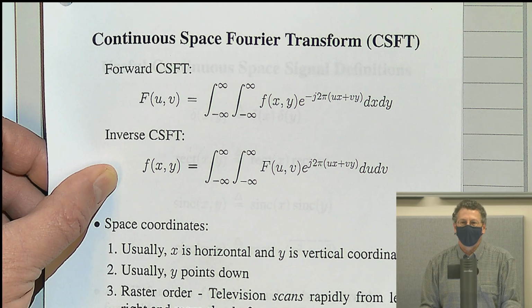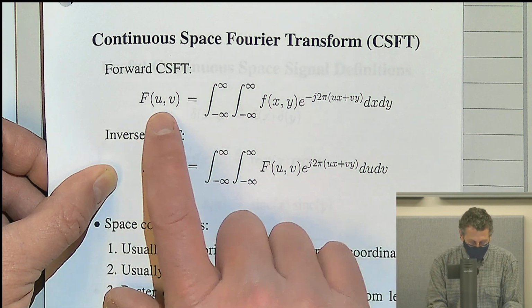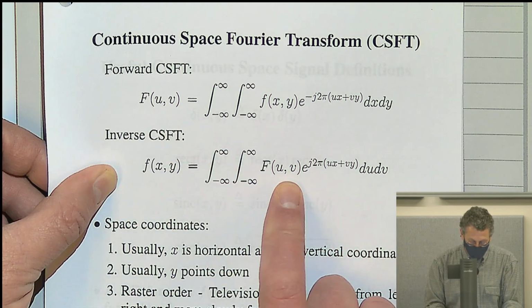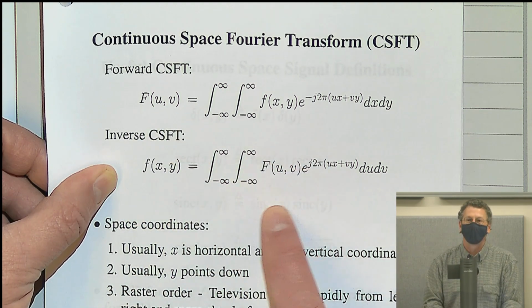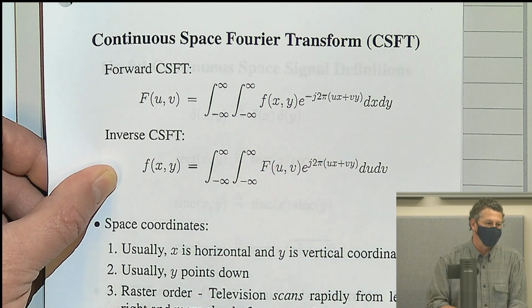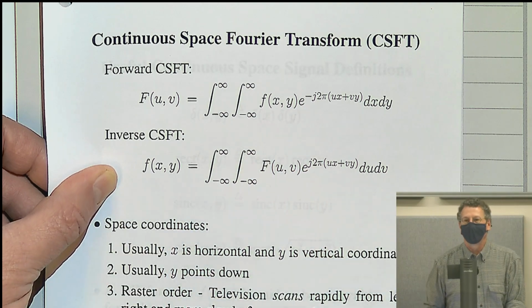In the most general case, it's an uncountably infinite set of sine waves. That's what the Fourier transform is: decomposition into sine waves. And then here you reconstruct it by putting the sine waves back together to form the signal.